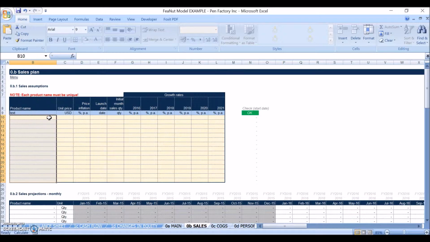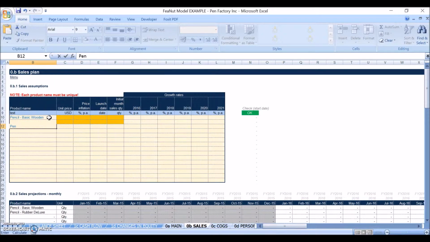For our example, we will use several different products. Let me just fill them in. So we are a pen factory. We will produce and sell pencils. We will have a basic wooden product range. Then we will have a pencil called Rubber Deluxe, and then we will produce pens.